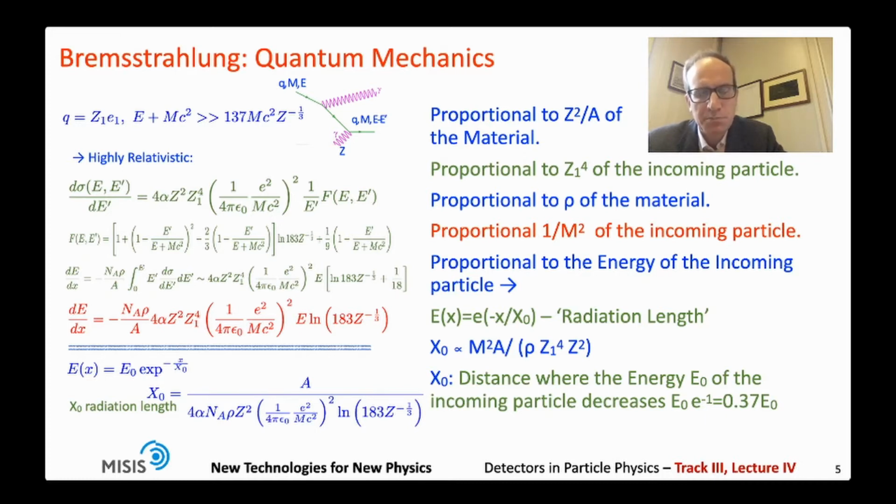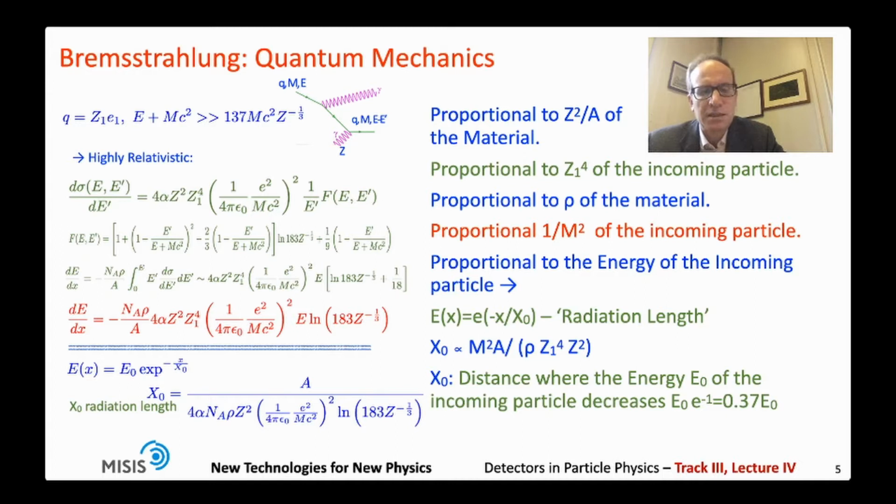It is inversely proportional to the mass number of the material. It is proportional to the fourth power of the charge of the incoming particle, and it is also proportional to the density of the material. It's inversely proportional to the square of the mass of the incoming particle, and it is also proportional to the energy of the incoming particle.